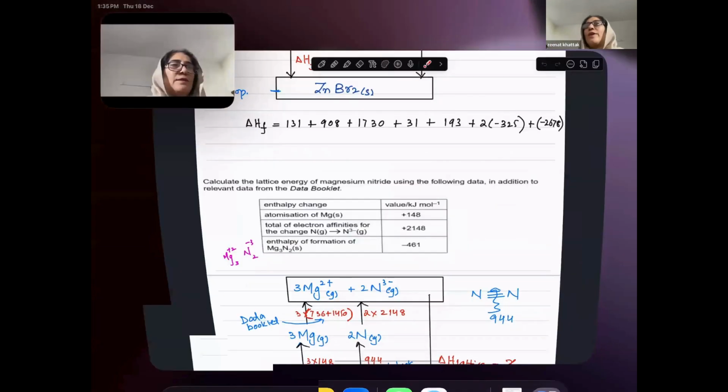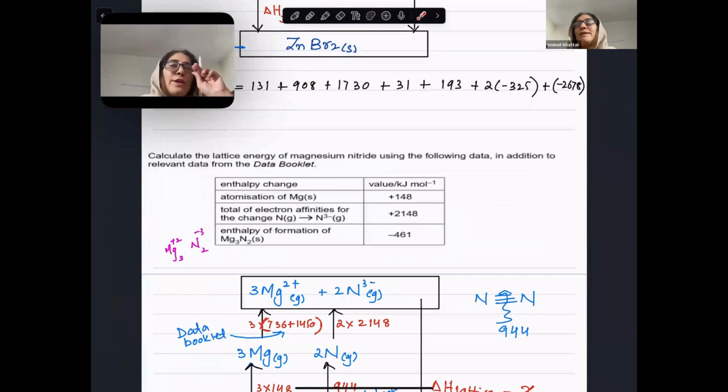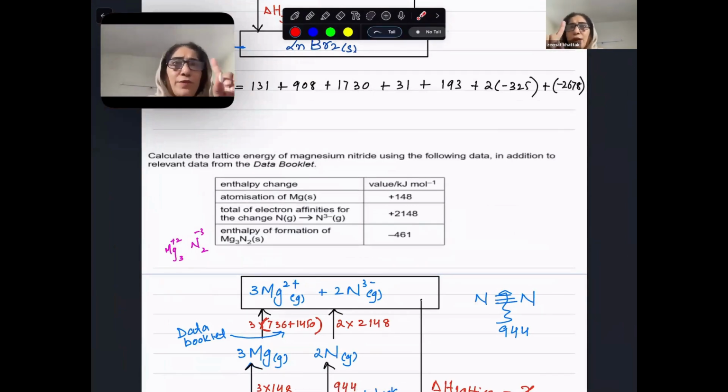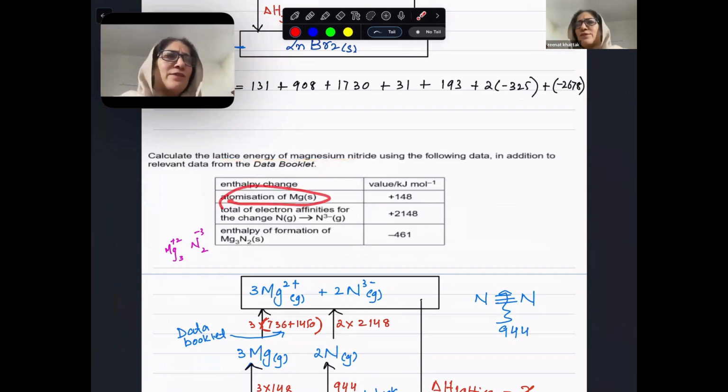Okay, so we are doing the delta H. In between, I paused the recording, so you will find that I'm starting again, but it was due to pausing. We want to find out the delta H lattice of magnesium nitride. In this question, they have given us the magnesium atomization.